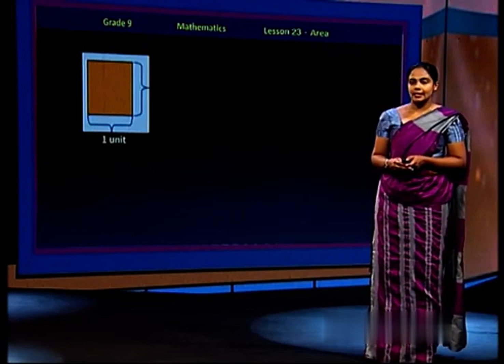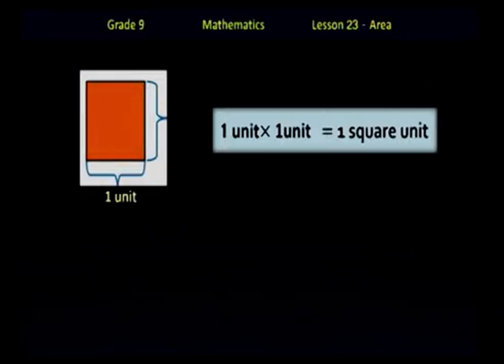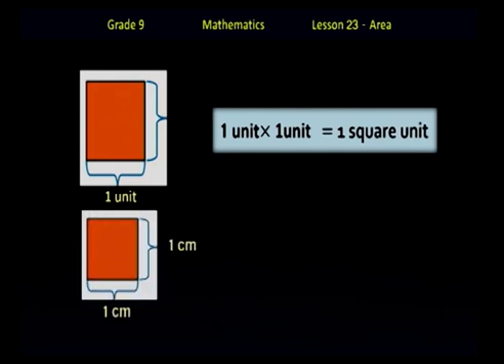What is unit area? Look at this diagram. It is a square. The length of a side is mentioned as 1 unit. Then how can you obtain 1 square unit? The length of a side is multiplied by the length of a side. Think the length of a side is 1 centimeter.